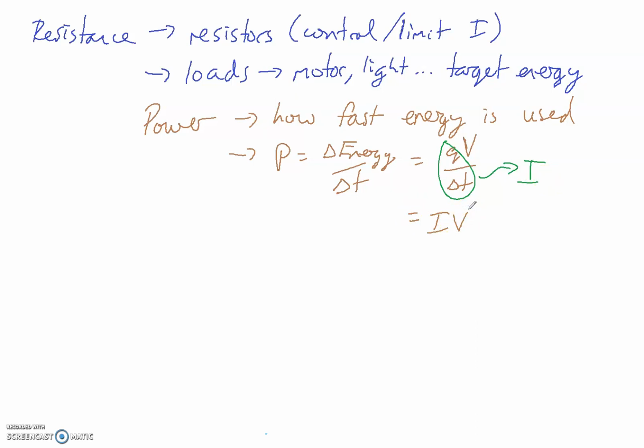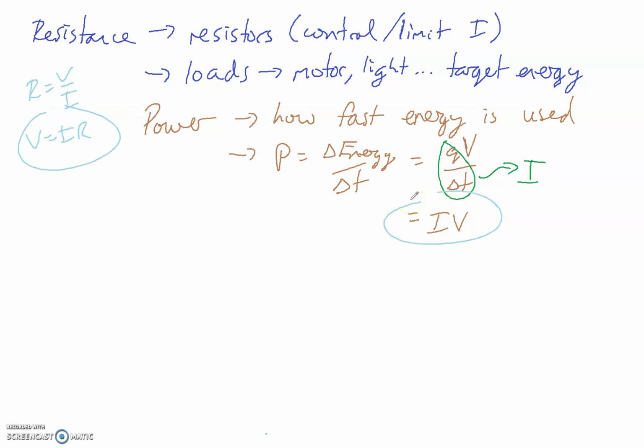So not only is current and voltage really commonly used in Ohm's law to find resistance, it's definitely connected to power. And we have Ohm's law from before: resistance is equal to V over I, or rearranged, V is equal to I times R. These two expressions are often spliced together for power.